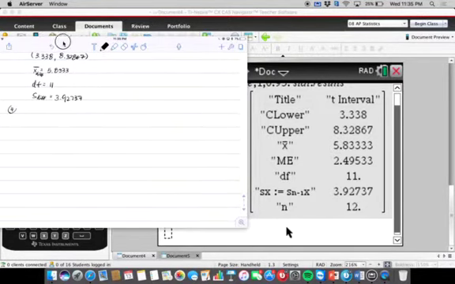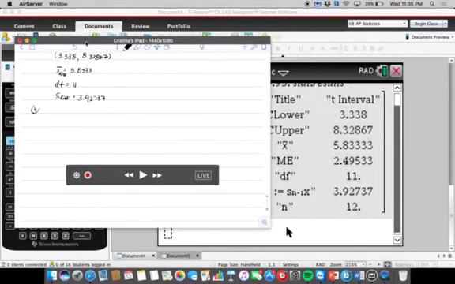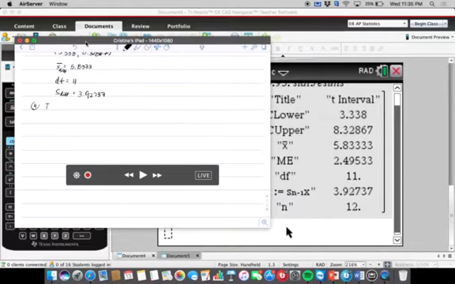When we interpret the confidence interval, we just write I am, or we are, whichever you want.